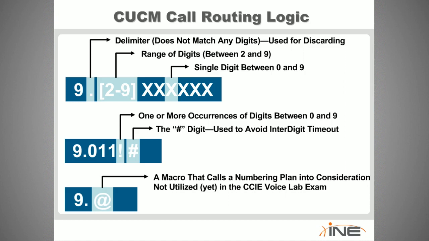And prior to that, the CCIE voice blueprint 2.0 actually said, when it talked about route patterns, @ symbol is not tested. It was said to be an international exam. So not only U.S. or North American numbering plan numbers would be there. There would definitely be international sites, and that's certainly continued.